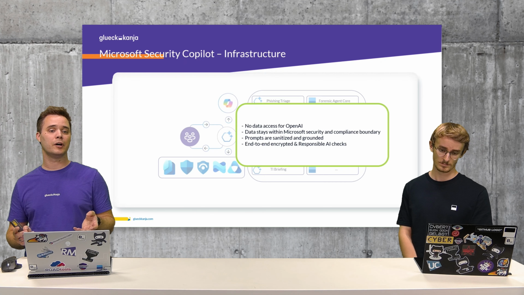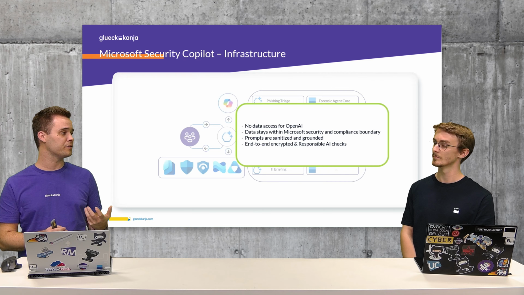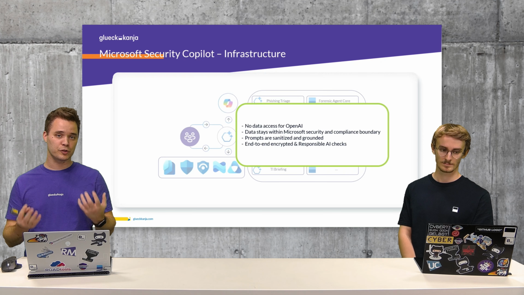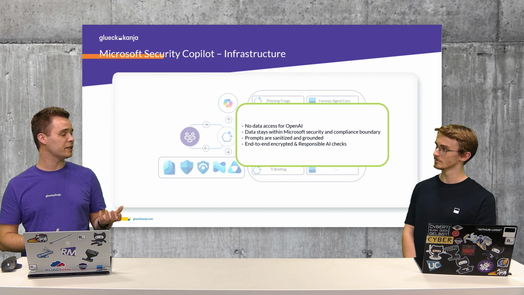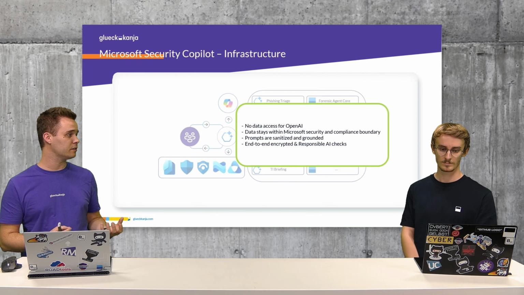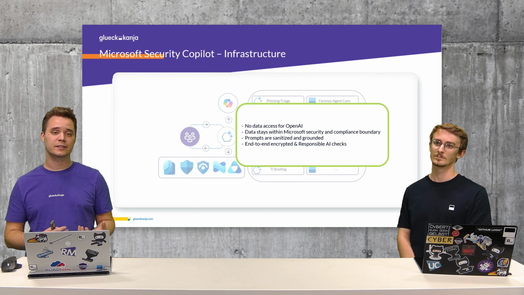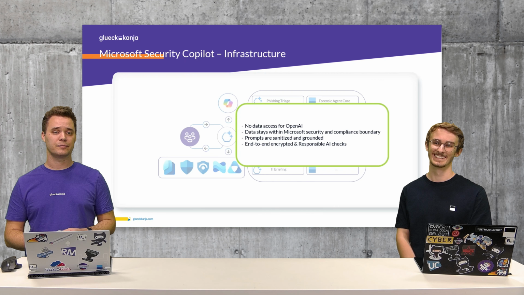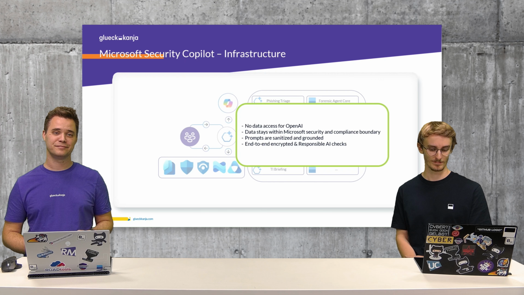And also vice versa, so the other way around. If the response comes back, there are some responsible AI checks, which means that we have some technical as well as ethical checks that everything is well secured and good.